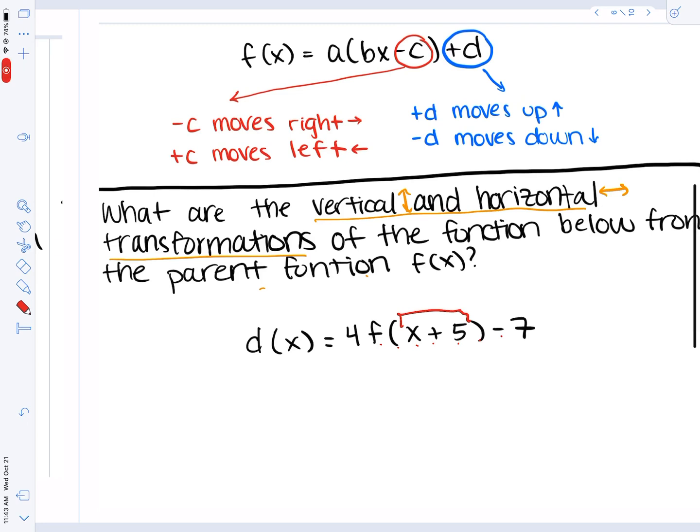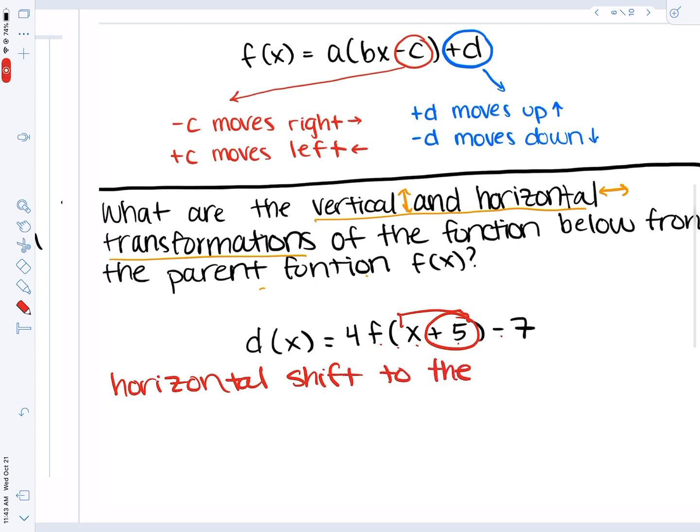Very good. It's positive 5. Does it move left or right? Very good. Horizontal shift to the left.